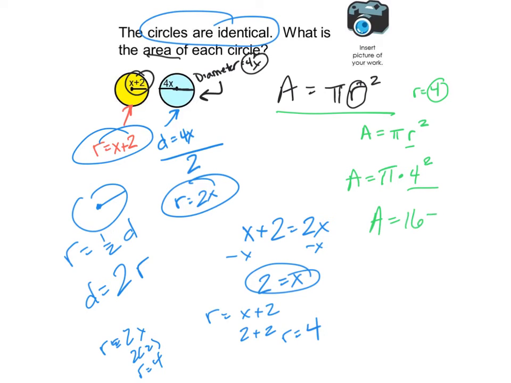Area equals 16 pi. It doesn't say to use 3.14 for pi or to use 22/7 for pi, so we're just going to leave it as pi. So the answer is the area is 16 pi square units, period. We don't know the units, but area is always squared.